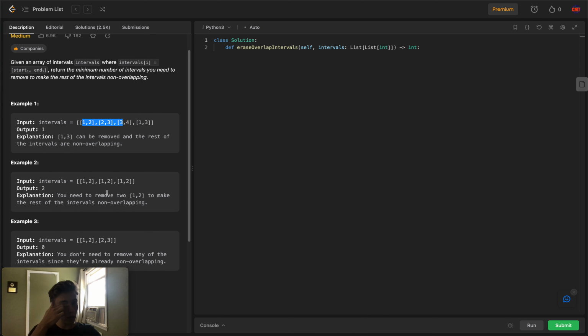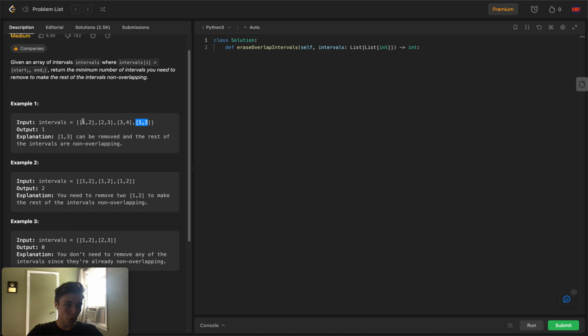So I guess the question is how do we pick out which intervals should be removed, given that we could just remove an interval and leave in the others?